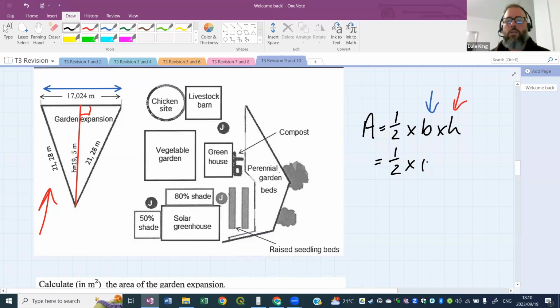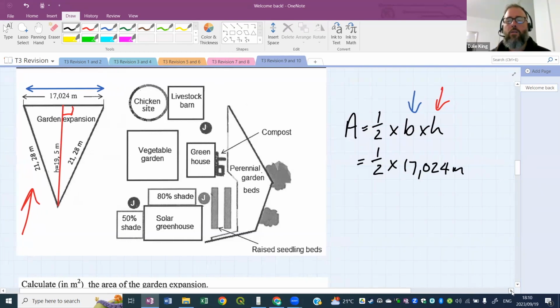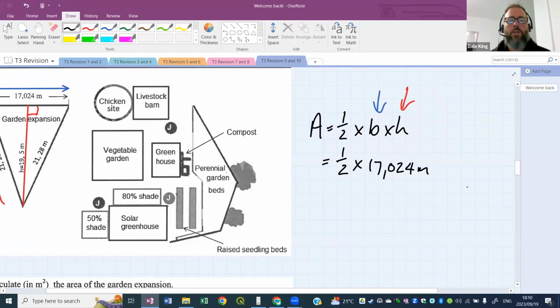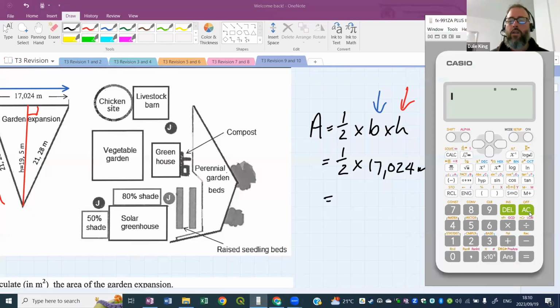So the base is 17,024 meters. And then I'm going to put in my height, times 19,5 meters. All right. I'll put that into our calculator.